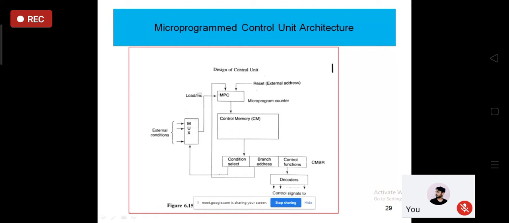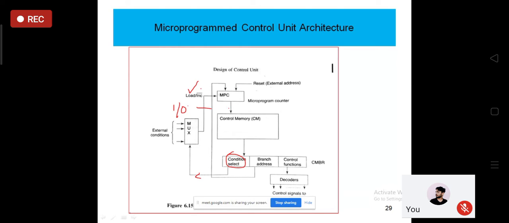Yes, ma'am. Okay, so what I told is that depending on this condition, there will be two outputs, either 1 or 0, you can say either true or false. It is working as the select line. If it is true, then the load operation is going to happen, and if it is false, then the increment operation is going to happen. Is it clear to you now?